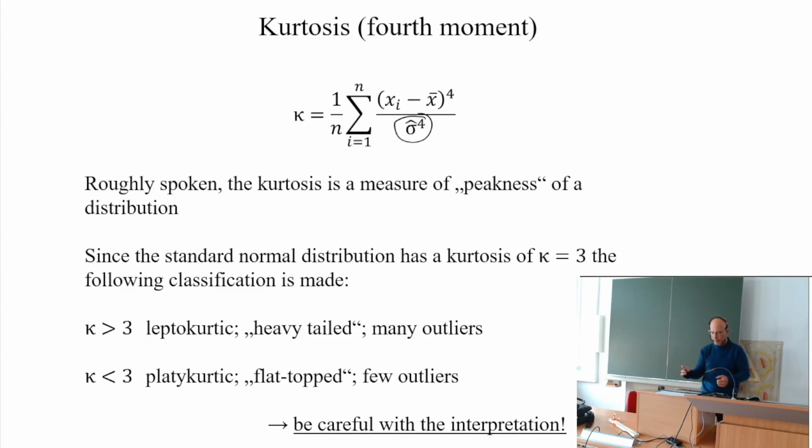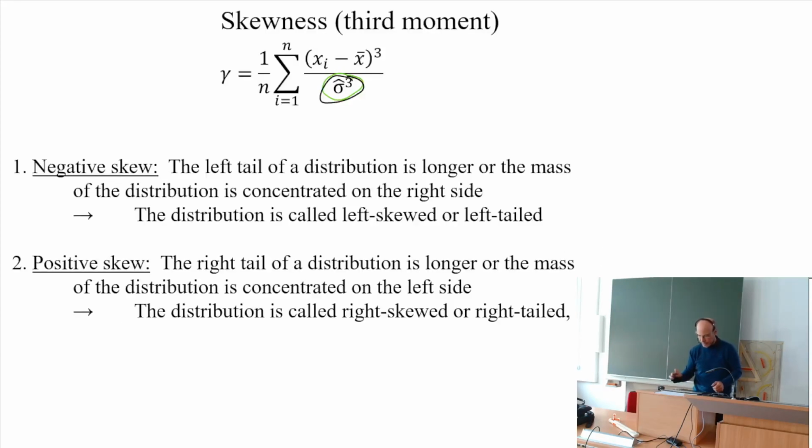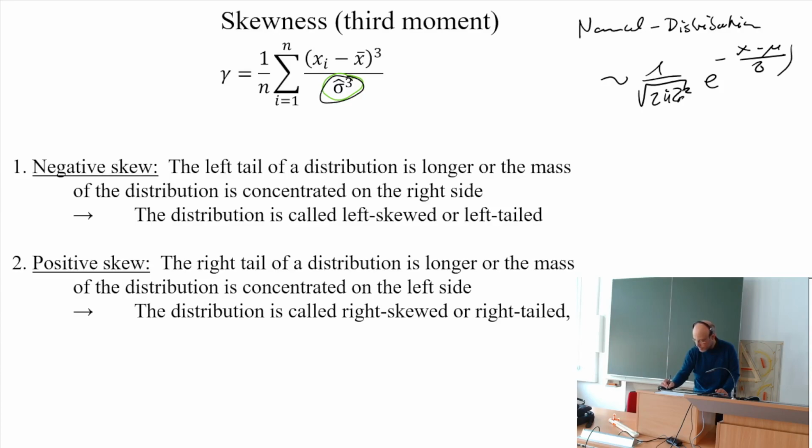And this is also the reason why, if you compare this again with the normal distribution, we know that f of x is 1 over the square root of 2 pi sigma squared times exp of minus x minus mu over sigma, squared.